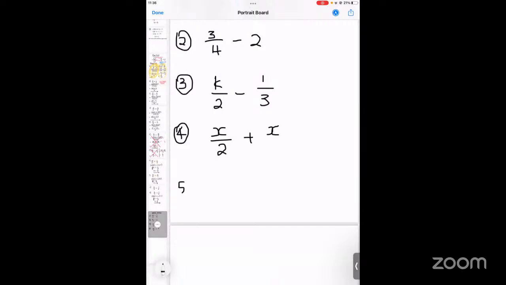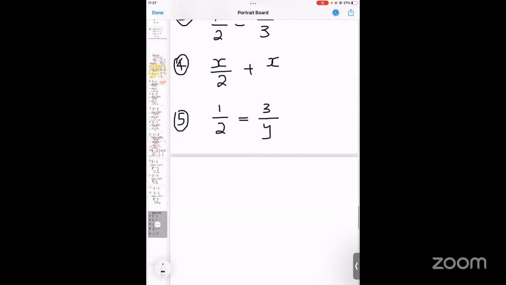Okay, and then problem number 5. Let's see what we have done. Okay, we now get to the equations. Manahil, I would like you to do this being equal to 3 over a. And then when it comes to number 6, let's see what else we have done.